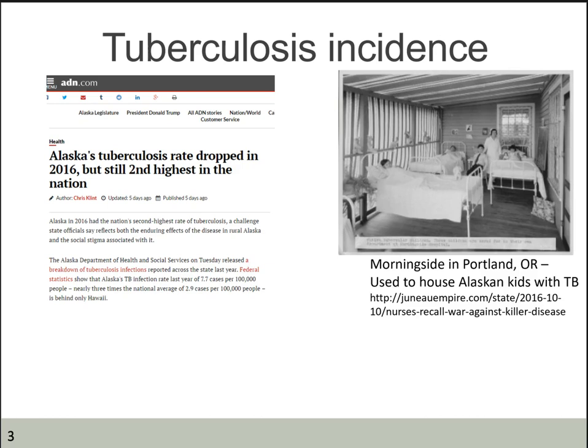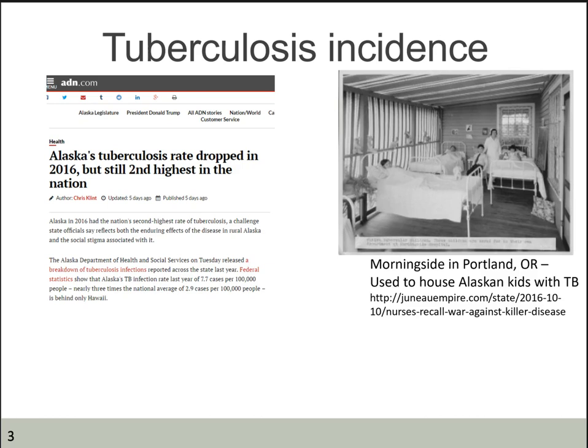So tuberculosis is a very big problem in Alaska and has been for a really long time. At one point in Alaska, up to 3/4 of all kids were infected with tuberculosis. Those kids were sent to sanitariums, which I'm showing on the right here, and that was very disruptive for Alaska Natives and Alaskans living in Alaska at that time, because the children were separated from the rest of their family.